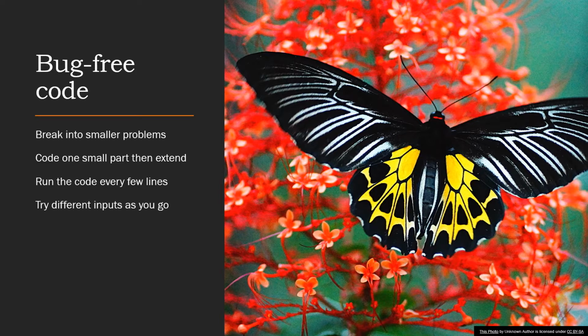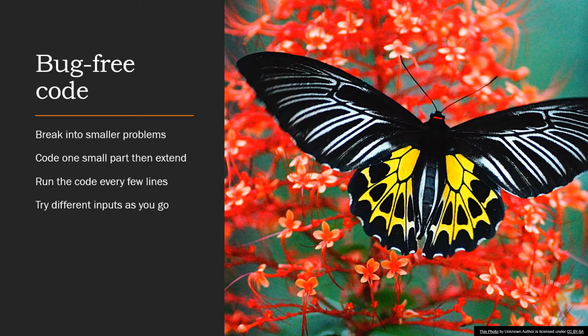Also, as you build up a program, I suggest you write one part of it, let's just say simply the lines that get the user input. Run that, make sure it works, and then perhaps add one or two other lines and run it again and work in that way until you've got your complete program.